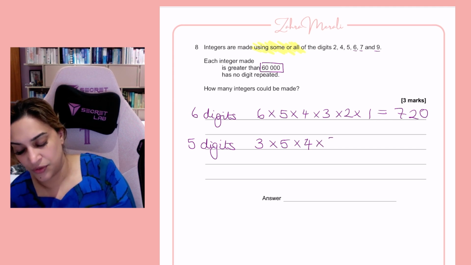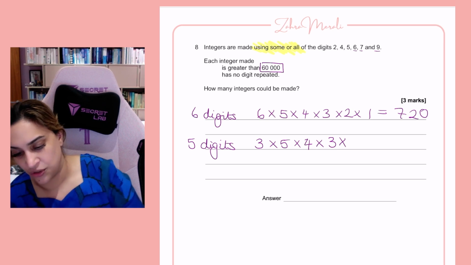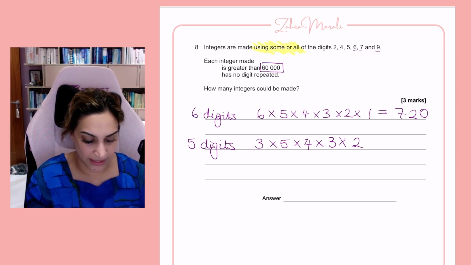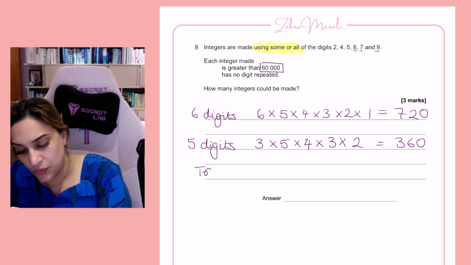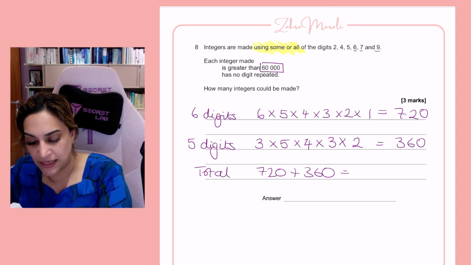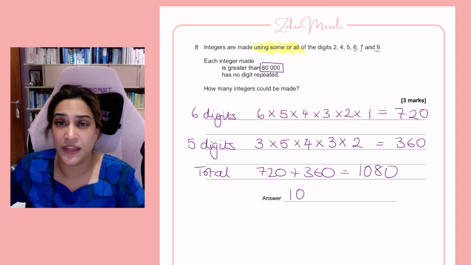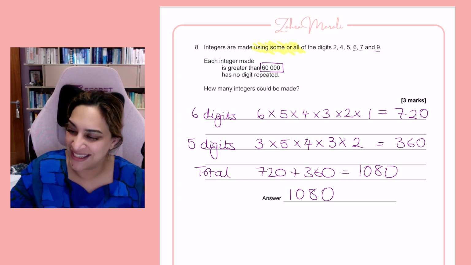The 4th number will be 3, and the 5th number will be 2. So we end up with 3 times 5 times 4 times 3 times 2. So 360 possibilities. So the total will be 720 plus 360, which gives us 1080. So we've got 1080 possible solutions.